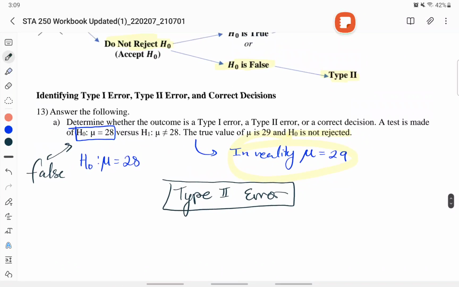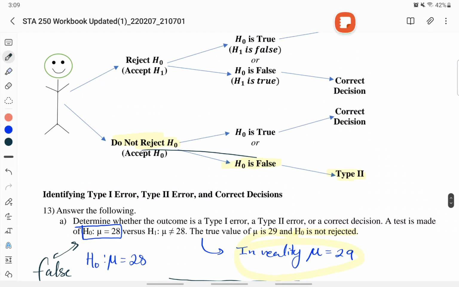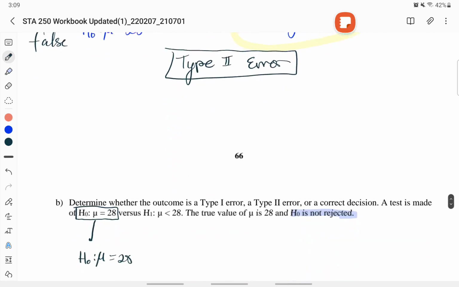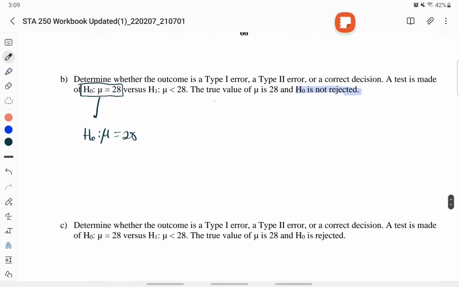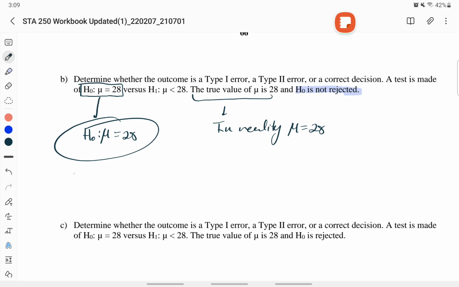So let's go back up here. We did not reject the null. Let's look at what's in reality. The true value of mu is 28. So that means in reality, mu is equal to 28, which means that the null is true.